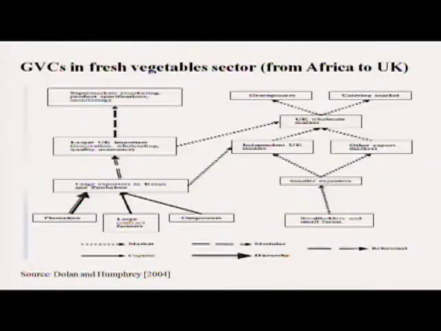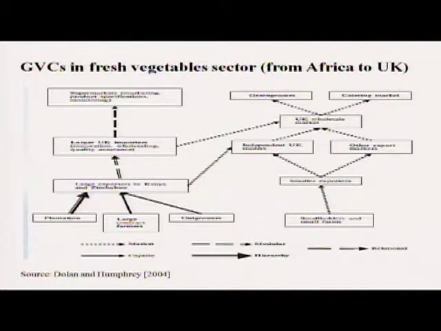And finally, to make the point that was mentioned yesterday, these governance structures are 5 ideal types. They're not meant to characterize whole industries. When we look at global industries, we typically see a mix of these governance structures. If I'm looking at shipbuilding or aerospace, we have some vertical integration at the top, you might have modular production in the middle, and when you get to the bottom of a lot of these supply chains, simple parts, a lot of those are markets.